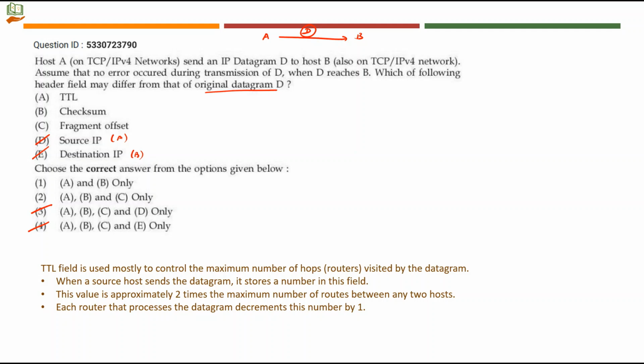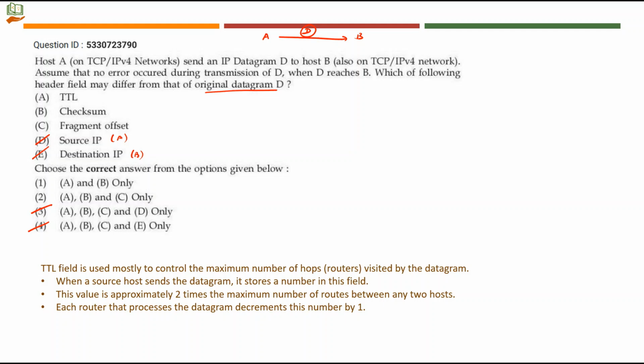The time to live field is used to control the maximum number of hops visited by the datagram. When a source host sends the datagram, it stores a number in this field. This value is approximately twice the maximum number of routes between any two hosts. Each router that processes the datagram decrements this number by 1.